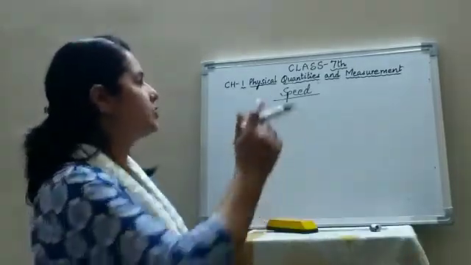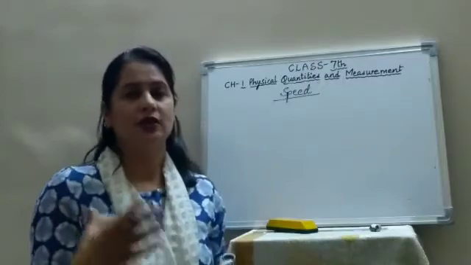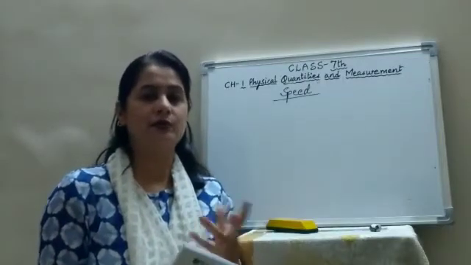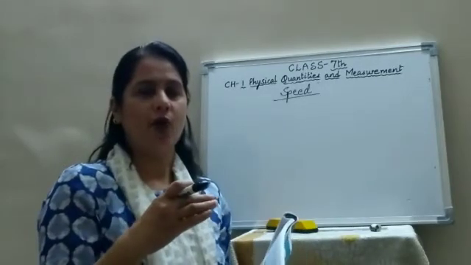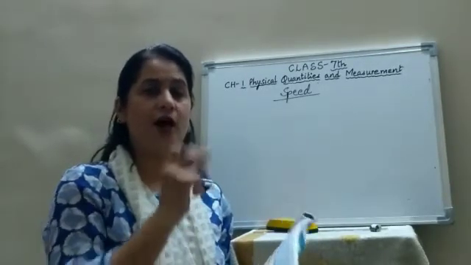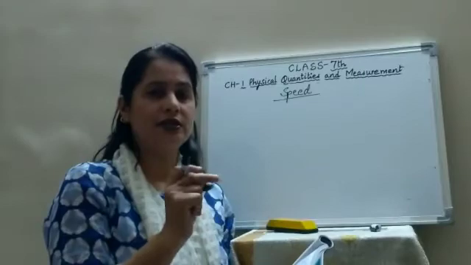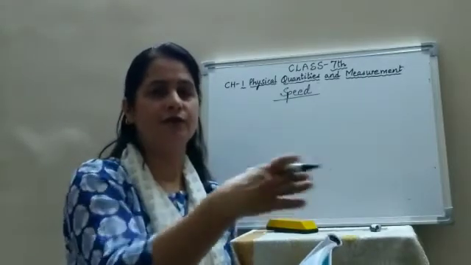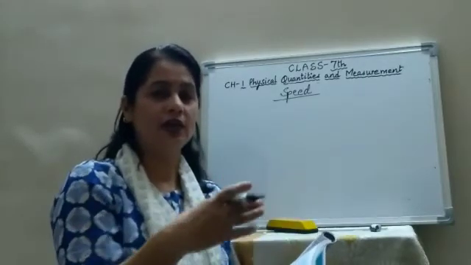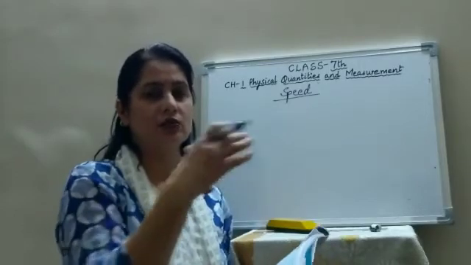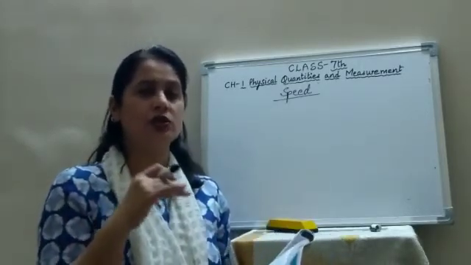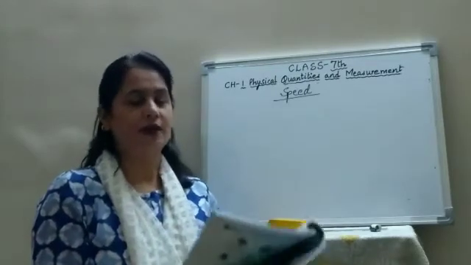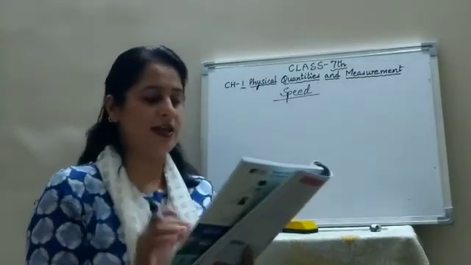Now children, the next topic is speed. Now what do you mean by speed? If in a certain time a body moves very fast, covers the distance in less time, then you say that the speed is more. And if in that time interval the body is moving slow, then you say that the speed is very less.